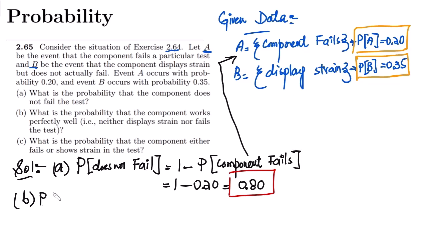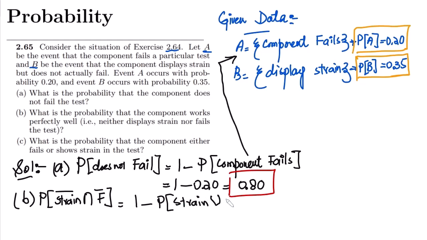I have to find the probability that it neither displays strain, so strain is not available, and nor fails the test. Fail is also not available. In this I have to write the probability that strain, or failure, or any one of them would occur.